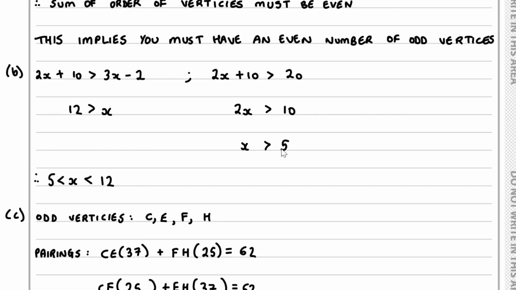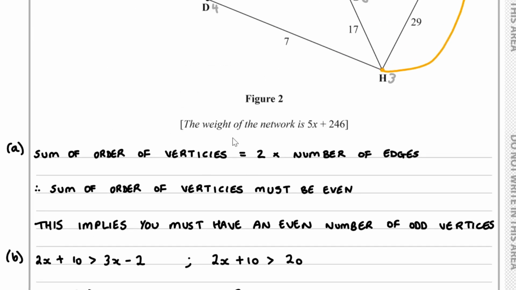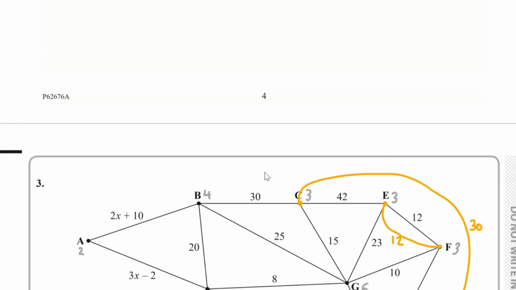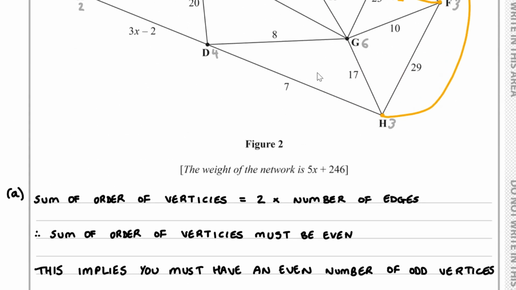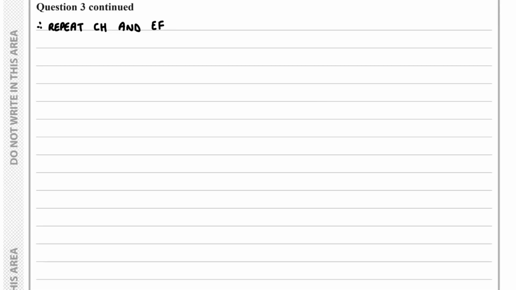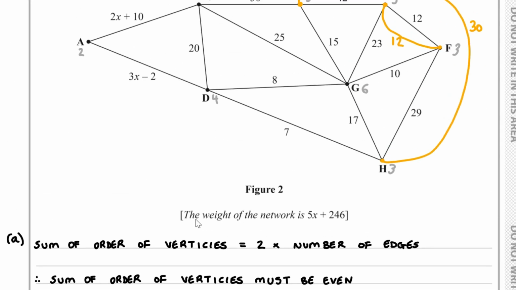So therefore, we know that the total time is 318 minutes. We were told that in the question. And the weight of the modified network, that will be the 5x plus the 246. So this comes from the original network.